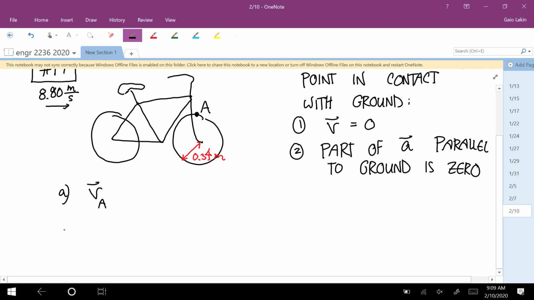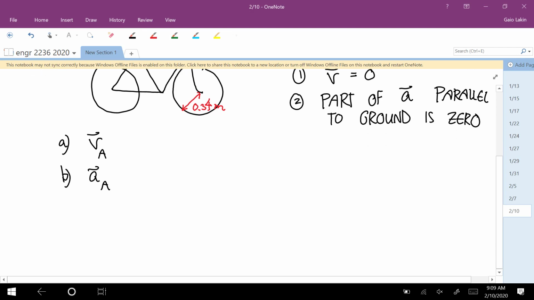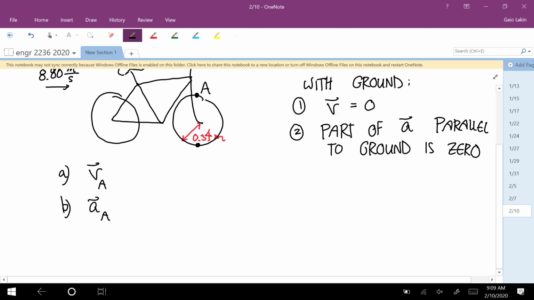Okay, how about the acceleration of a point on the top of the wheel? Let's call this point B. I think this is actually C. And then D, what's the acceleration of a point on the bottom of the wheel? This is not 0.